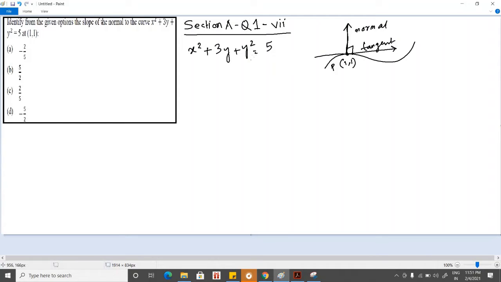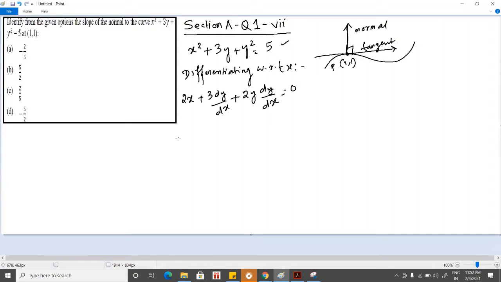For finding out the slope of the tangent at any point on this curve, we know that we have to differentiate both sides with respect to x. So differentiating both sides with respect to x, we get 2x plus 3 dy dx plus 2y dy dx equals to 0.